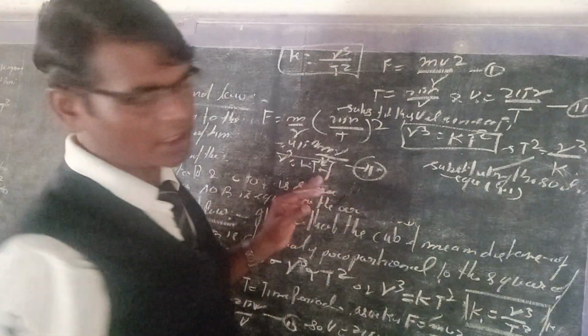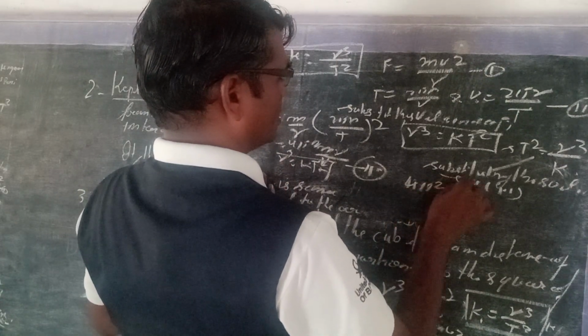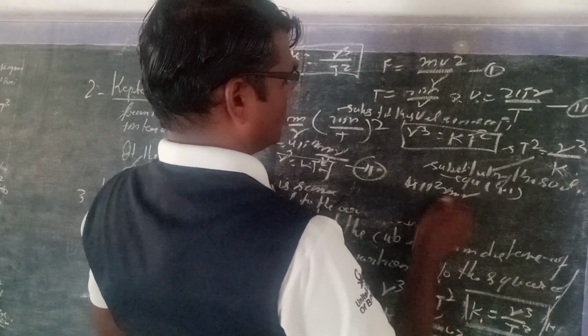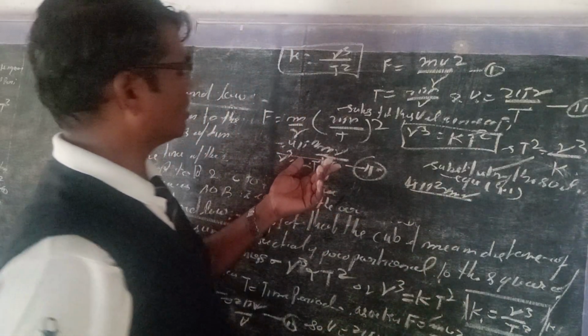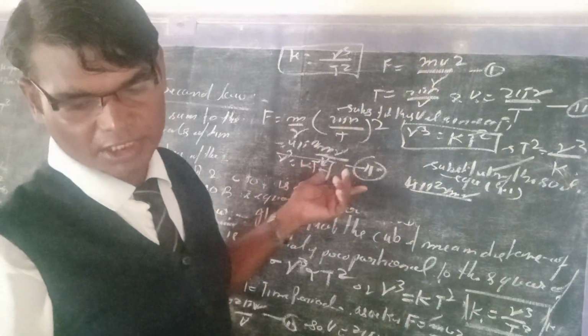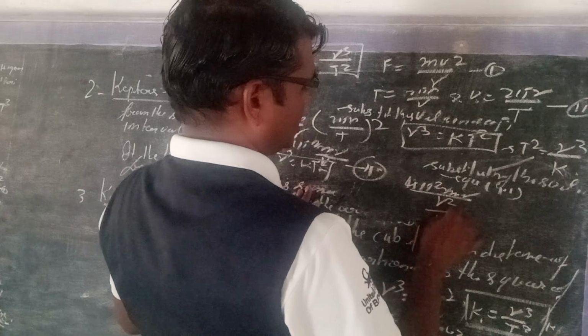F is equal to 4 pi squared m R by T squared, where the value of T squared is given as R cubed by K.